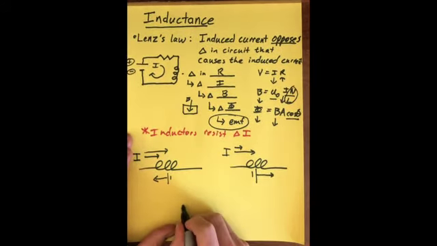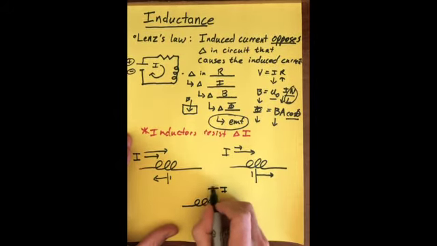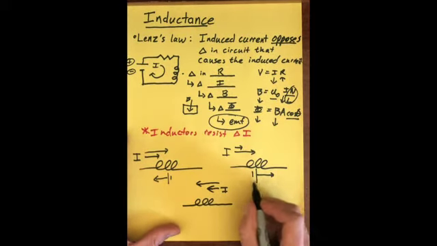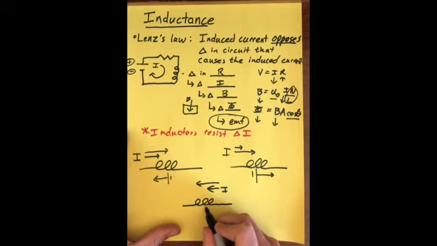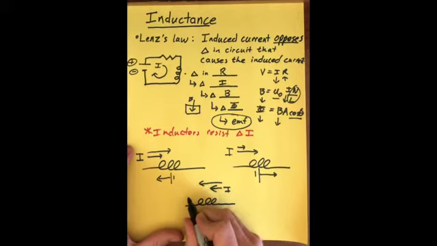One more example. If current is moving to the left and it increases, think about what would happen inside of the inductor. Which way would be your induced voltage? Because it's increasing this direction to the left, it needs to oppose that.